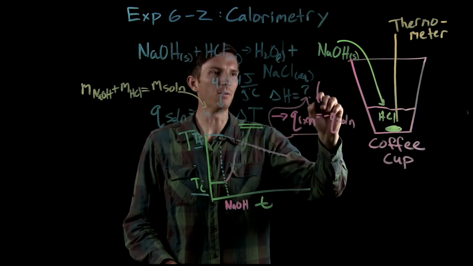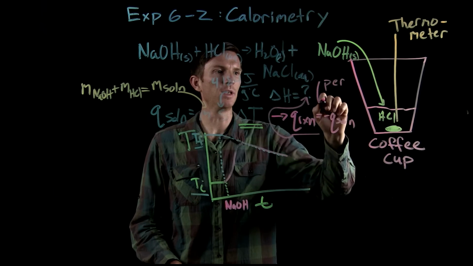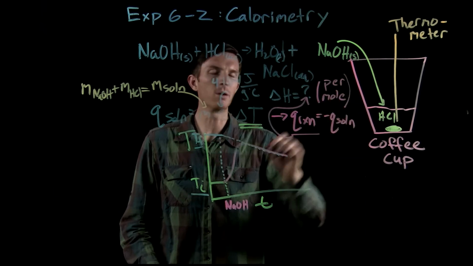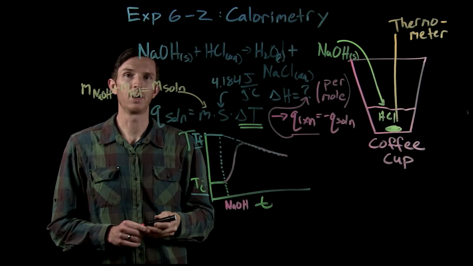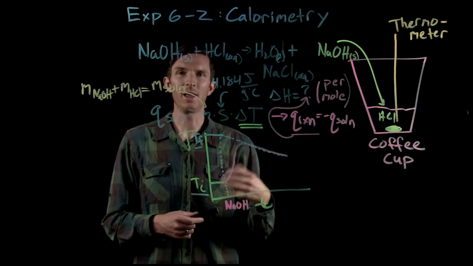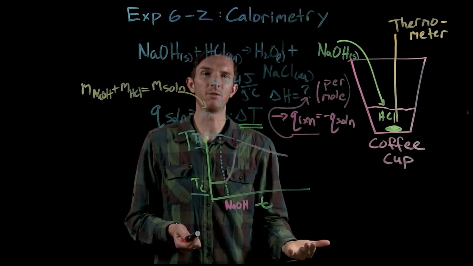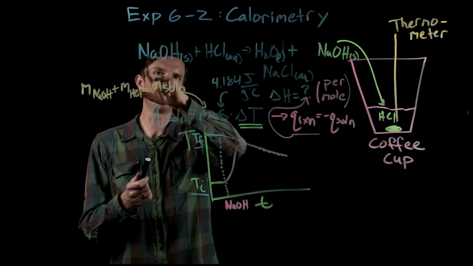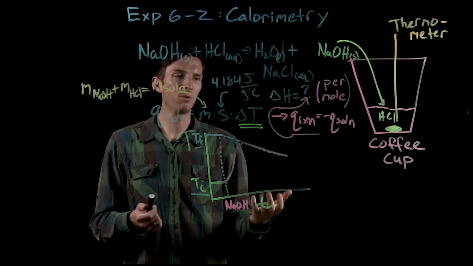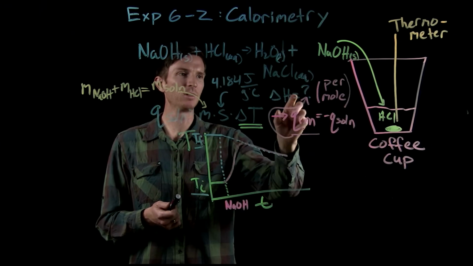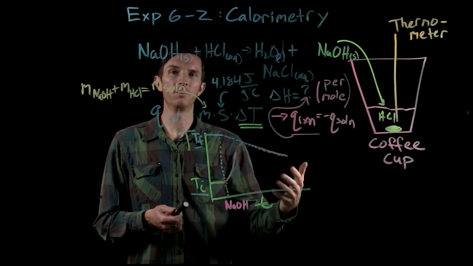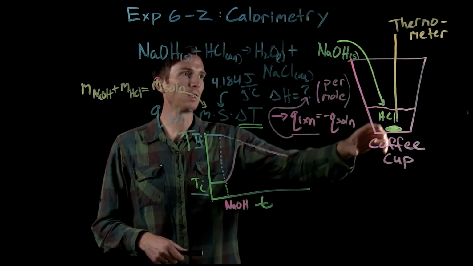Now remember, the final step is that we want to measure that per mole. And so I'll let you work in lab on figuring out how we accommodate for the fact that maybe we didn't react 1 mole of each of these. And how would we determine the delta H per mole based upon the Q of our reaction that we calculate from our temperature change.